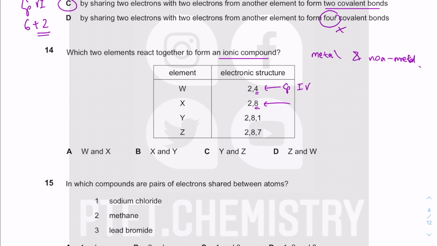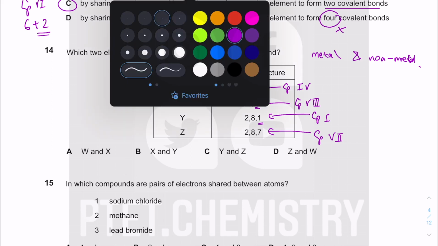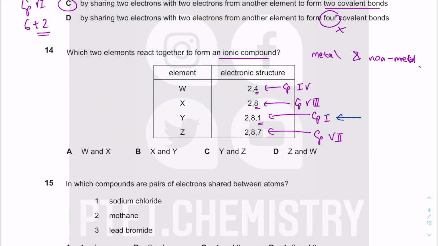electron. So this is a group 1, whereas this one is group 8. This one is group 7. Okay, so now we're looking at metal and non-metal. If we have to categorize this, we can think the group 1 definitely metal, group 7 definitely non-metal. Okay, oh, hang on, group 8 is not non-metal. Group 8 is noble gases.